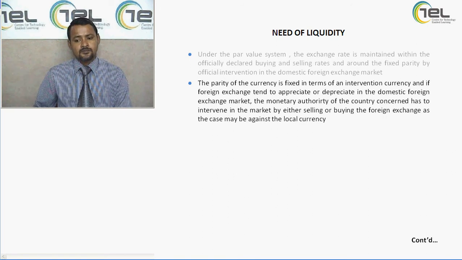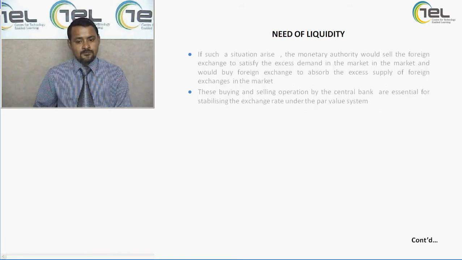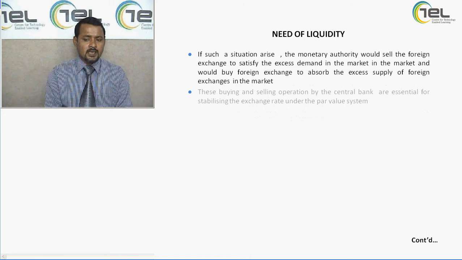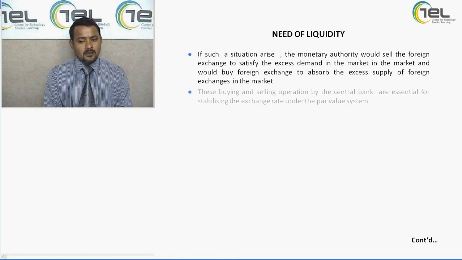They will intervene in the market by either selling or buying the foreign exchange in question, as the case may be, against the local currency. If such a situation arises, the monetary authority would sell foreign exchange to satisfy the excess demand, and sometimes they can buy to absorb excess supply in the market. These buying and selling operations by central banks are essential for stabilizing the exchange rate under the par value system.